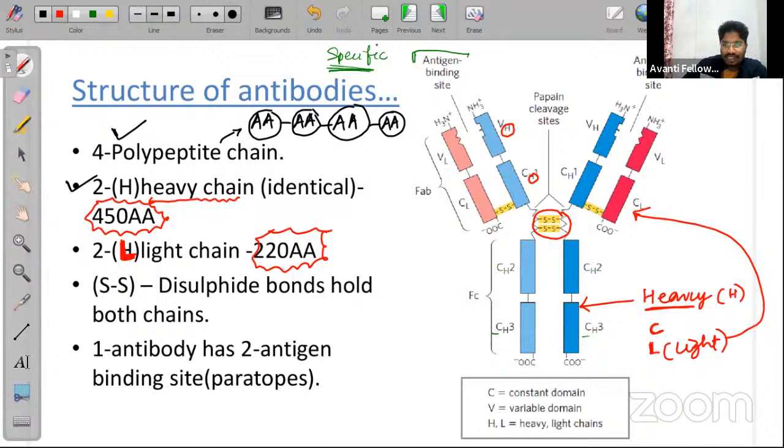Why? Because this hinge region will be adjusting the size of the antibody. This disulfide bond formed here, the hinge region, will adjust the size of the antibody.